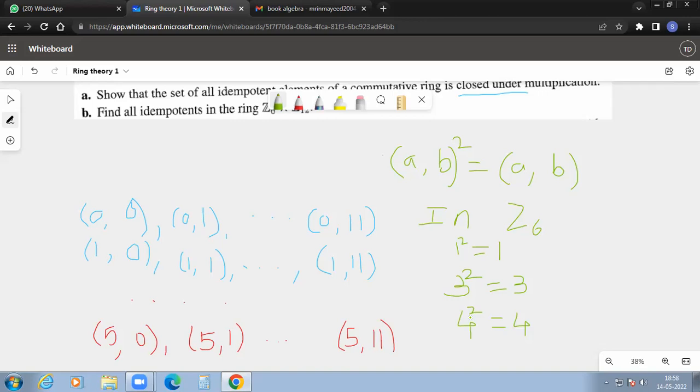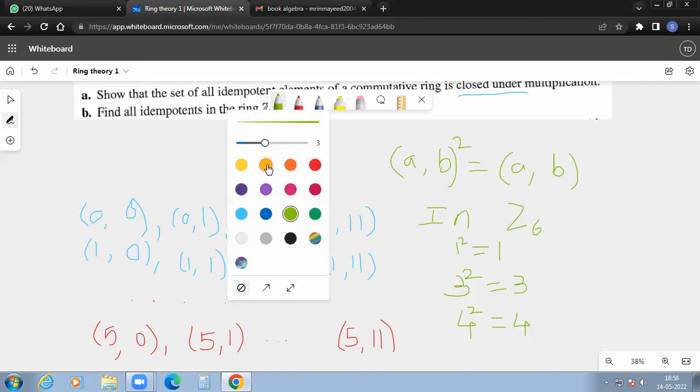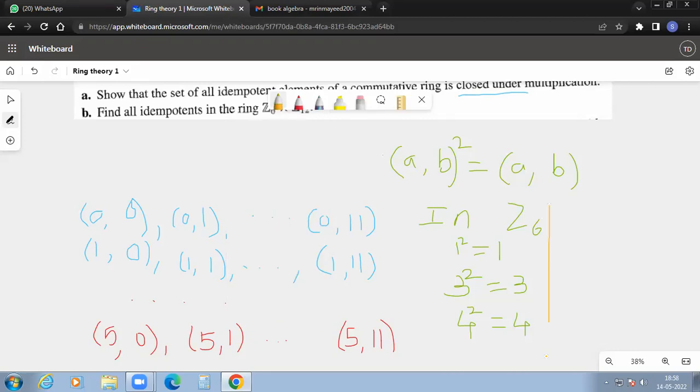Same way you go for elements in Z12. What are the elements in Z12 which are idempotent? If they multiplied to themselves, produce the same result. So let us once again see for Z12. I have 1 square equal to 1, of course. 2 square is 4, will not do. 3 square 9 will not do. 4 square 16 divided by 12 is 4.